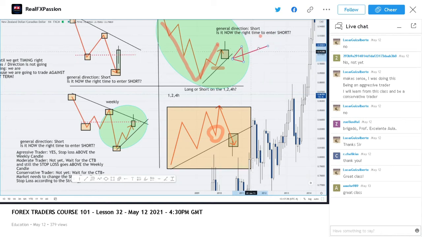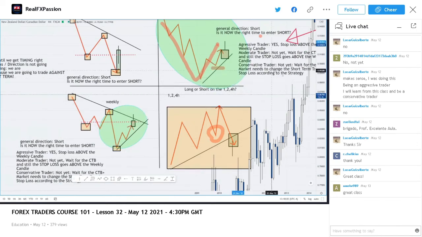There is no right or wrong. We are just going to have different levels of risk, right? Well, we have a bearish candlestick on the daily and a bearish candlestick on the weekly. I guess we can go short. What do you think?